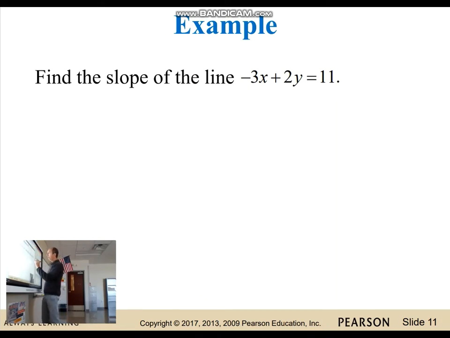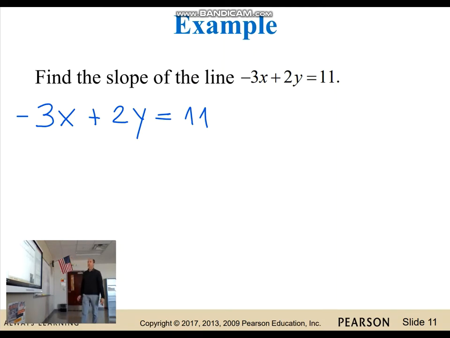The first step, let me write the equation again here: negative 3x plus 2y equals 11. To find the slope, we need to rewrite this equation using the slope-intercept form.